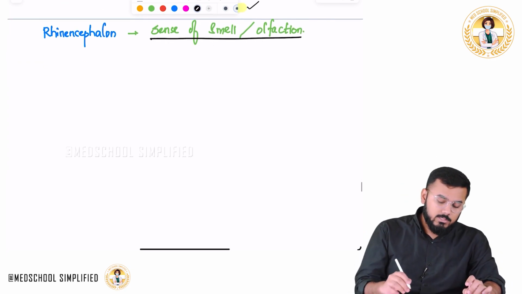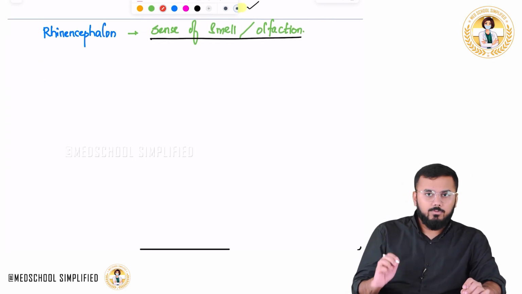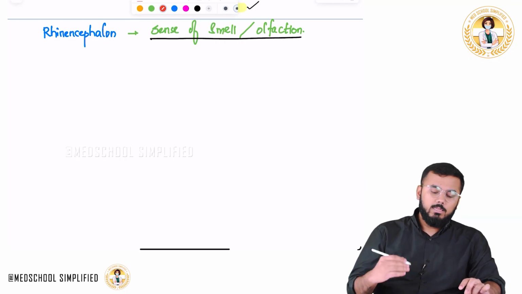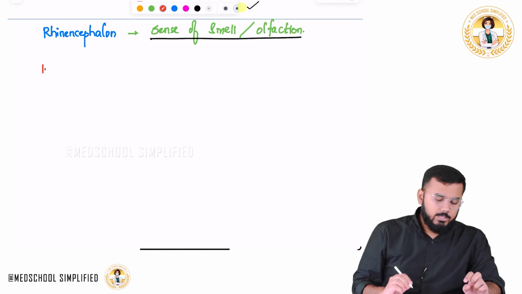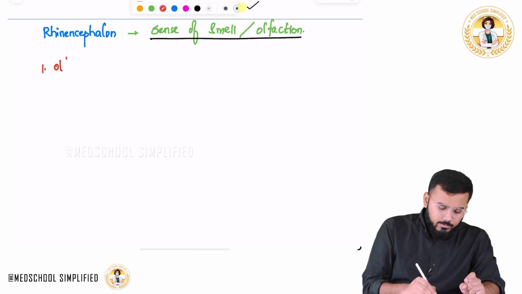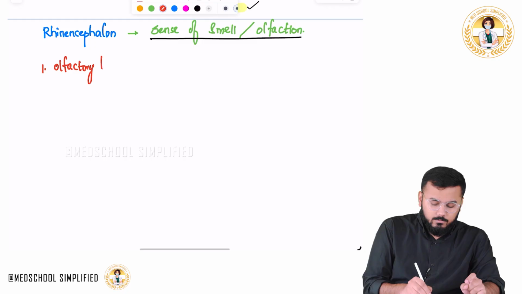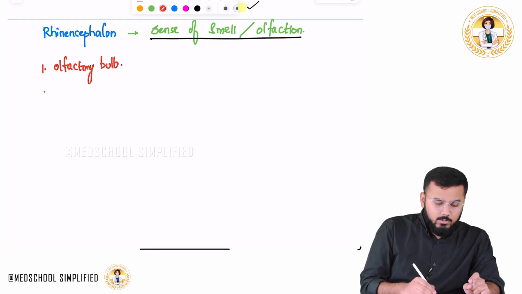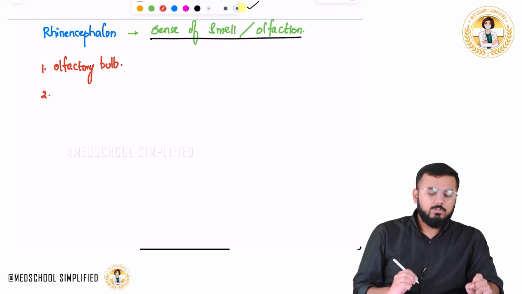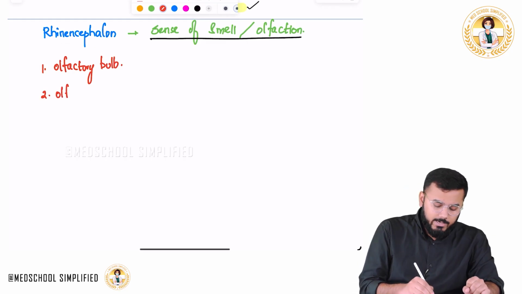So what are the structures that come under the rhinencephalon? First of all, let me give you a list. As I promised, I'll give you a list now, and then I will draw these structures. The first important structure is the olfactory bulb. After this, the second important structure is the olfactory tract.